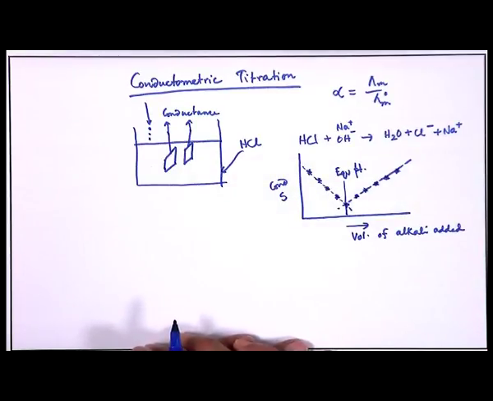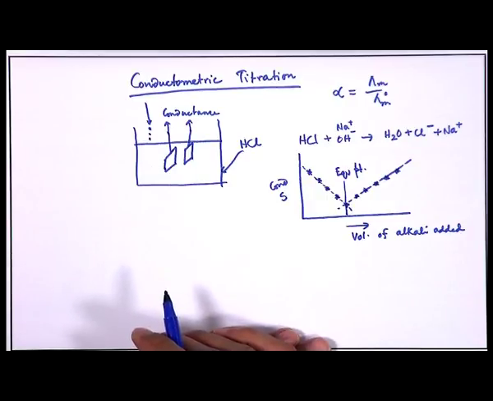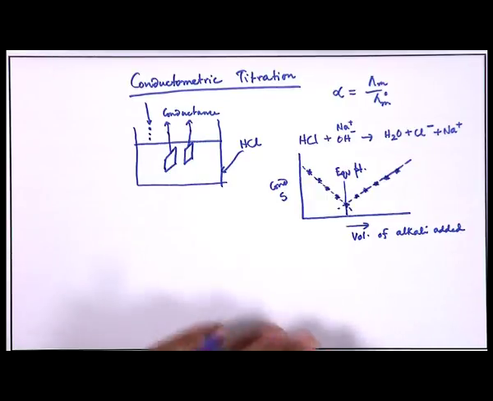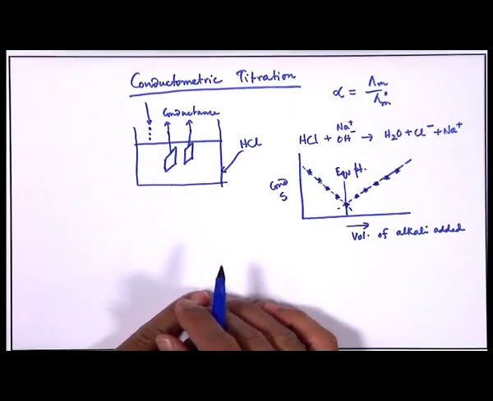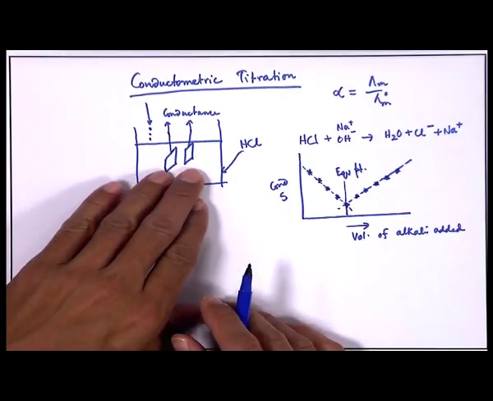So, what is exactly happening here? Why is the conductance changing like this? For your information, one thing you should always keep in mind is that in conductometric titration, the titer that you add from outside using a burette should be more concentrated, at least maybe 10 times more concentrated than what you take in the beaker.